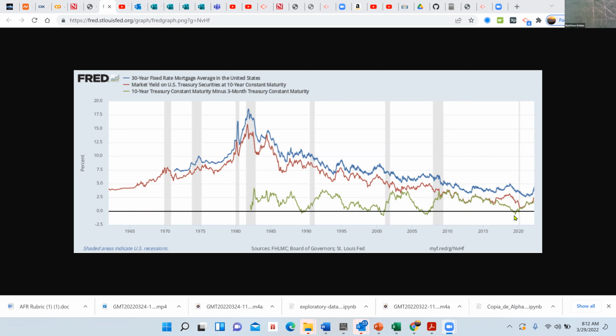I will look into that. That's interesting. That's got to be at the end of '19, maybe. A year probably before COVID hit, we had an inverted yield curve. So the technical name for when that goes negative is an inverted yield curve.